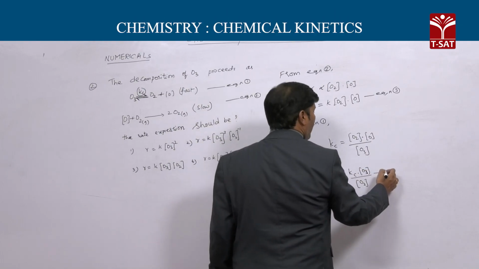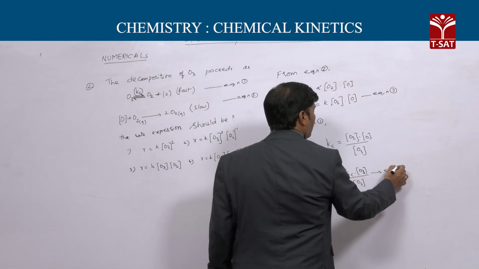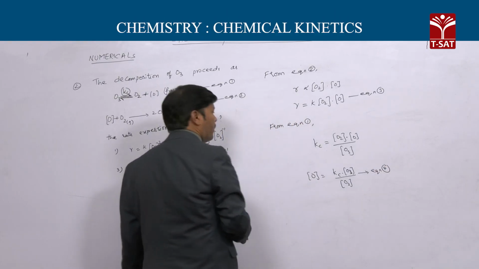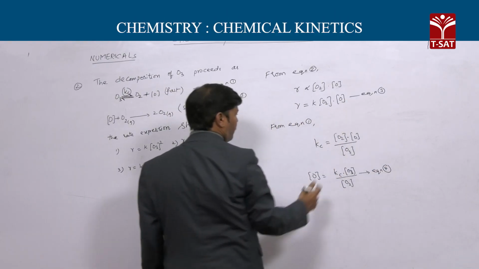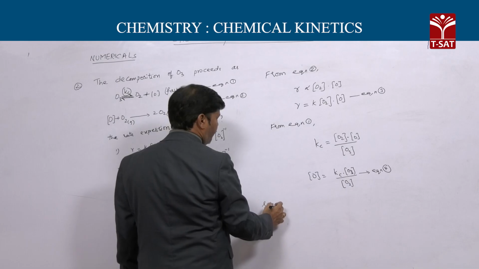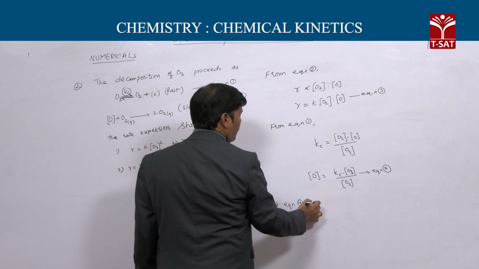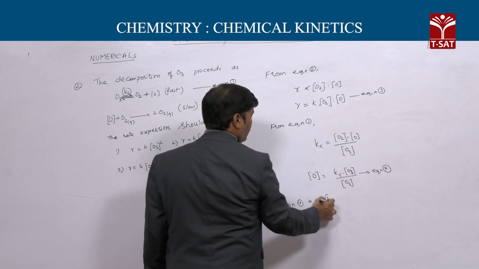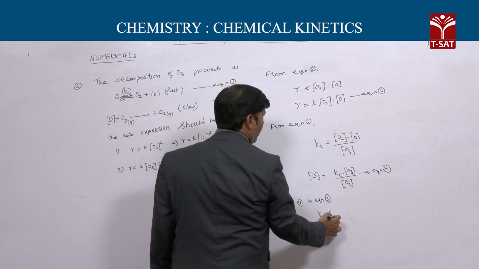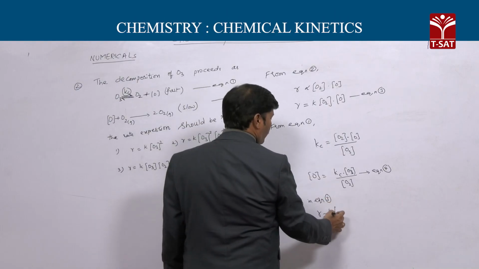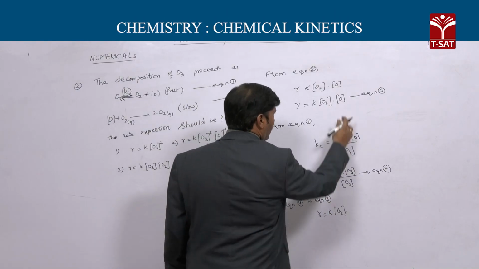Let this be equation 4, and substitute equation 4 in equation 3. R is equal to k into concentration of O2 into nascent oxygen.